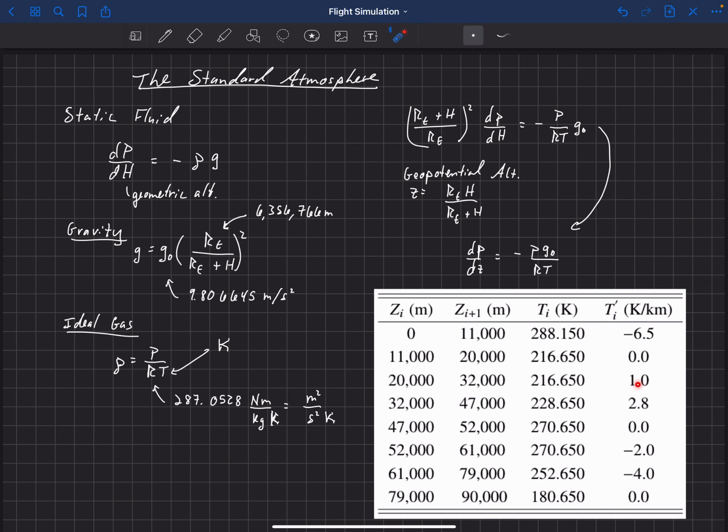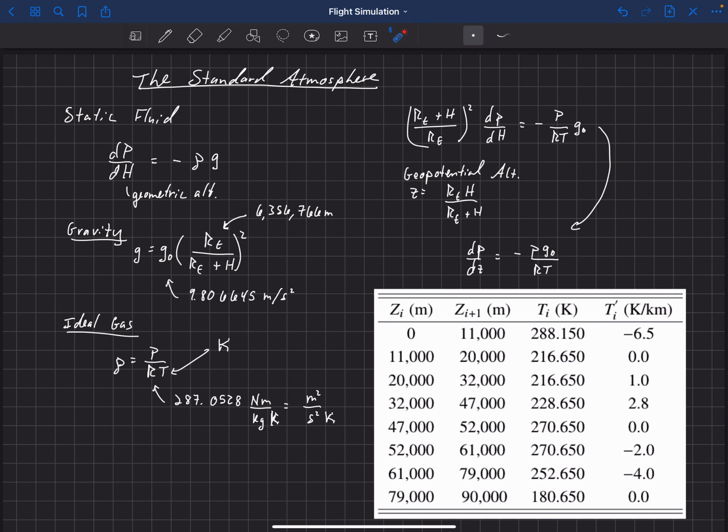And here we have a small gradient as we go from 20,000 to 32,000, 1 K per kilometer. And so by the time we get up to 32,000, we're at 228. So anyway, you can see how this is set up as regions of constant T prime, or a constant temperature gradient, okay?